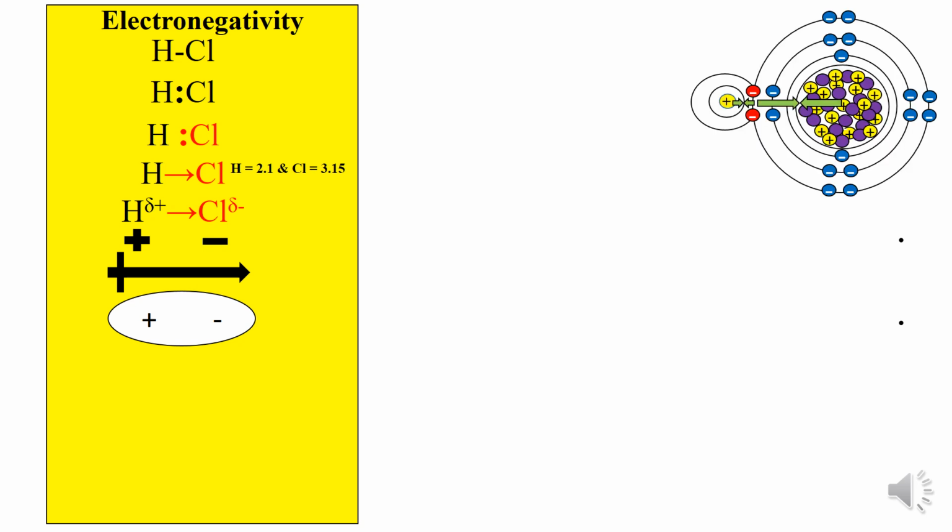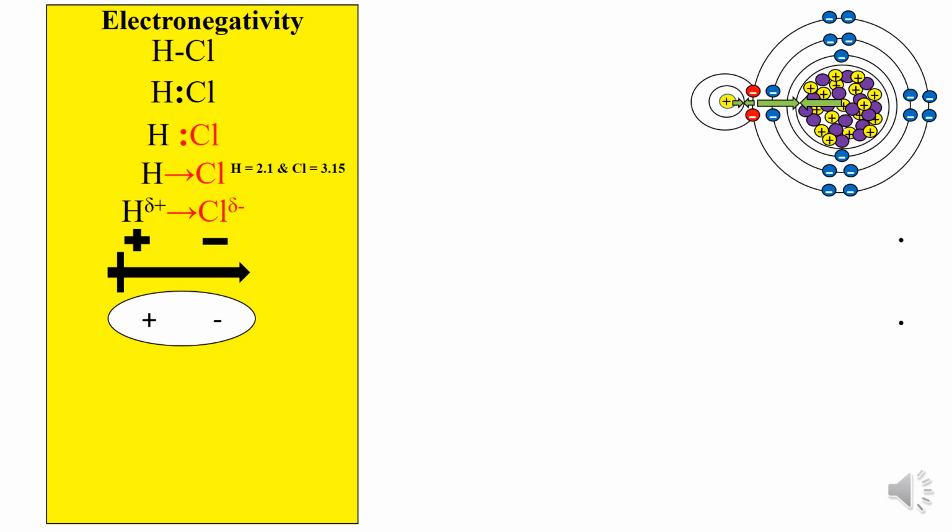Now we have two questions. Number one, why is chlorine more electronegative than hydrogen? Number two, why does chlorine attract the shared pair of bonding valence electrons closer to itself? So let's find out the answer by examining the electron structure of the hydrogen chloride molecule.